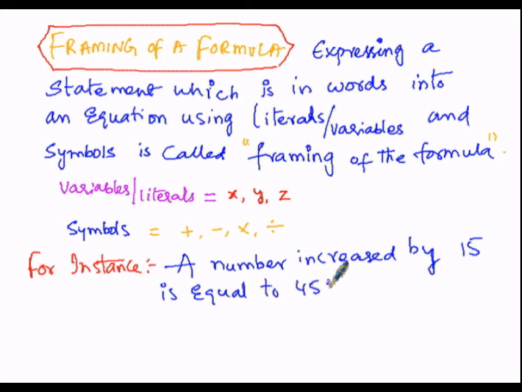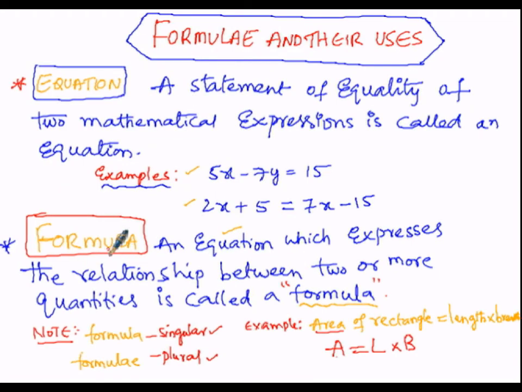So this is the statement which is given for us. So we have to write this statement in an equation form. That is nothing but the framing of a formula. Formula is nothing but the equation. So here a formula is nothing but an equation expressing the relationship between two or more quantities.